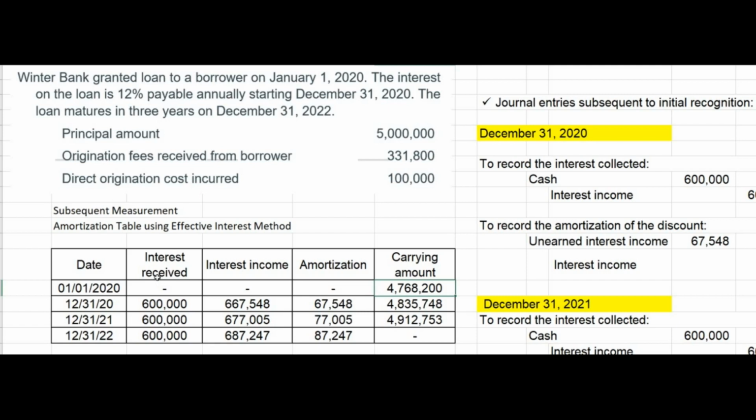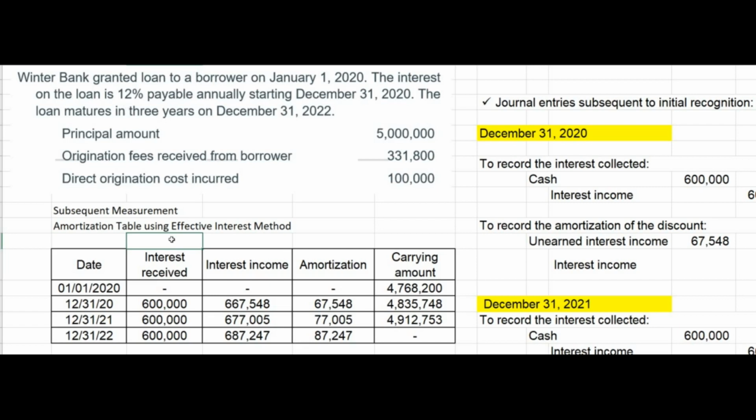Take note that interest received here is based on the nominal interest rate. Based on the problem, the nominal interest rate is 12%. Kasi yung nominal interest rate, yun yung interest na na-mention dito sa agreement ng bank or financial institution and the client or the borrower.